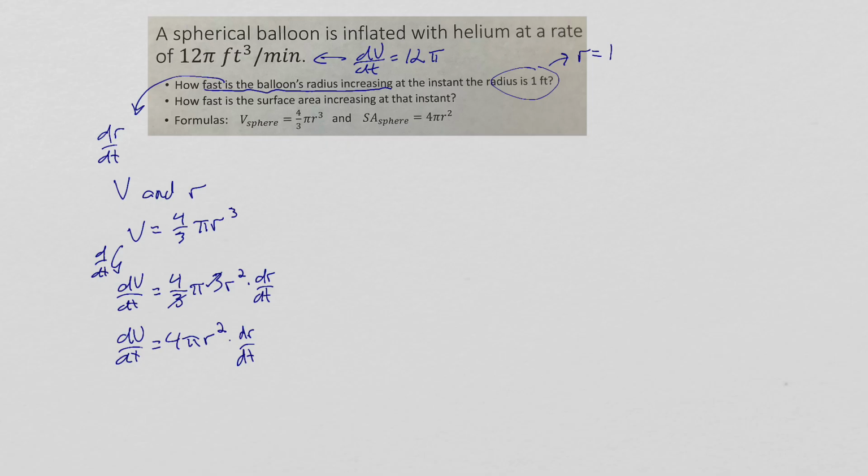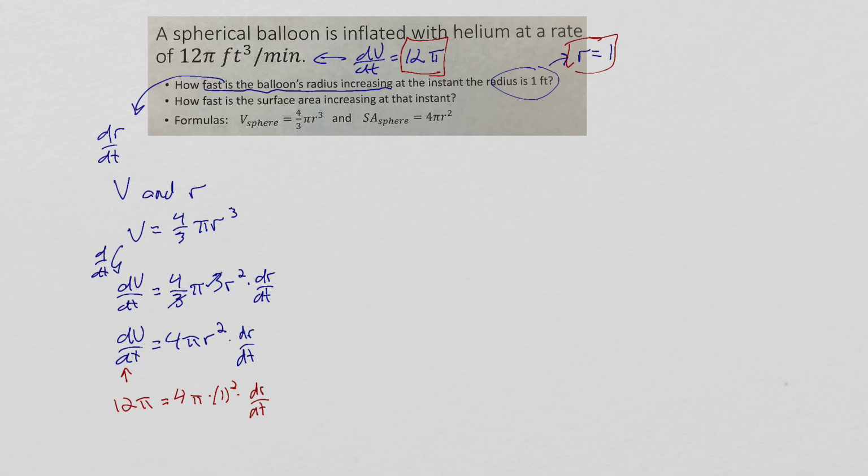From there, I just need to fill in what I know. We know dV dt is 12 pi, so that goes in here. So I get 12 pi equals 4 pi, and I also know that r is 1, so I write times 1 squared times dr over dt.